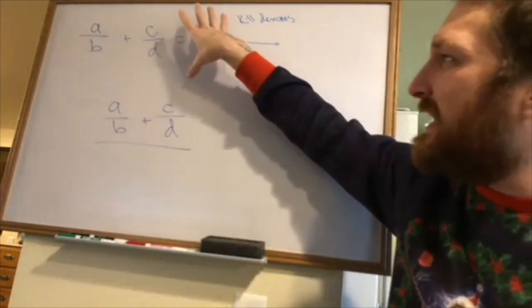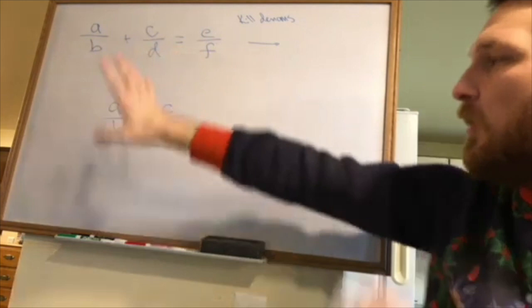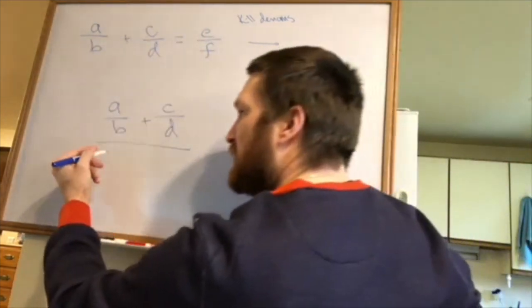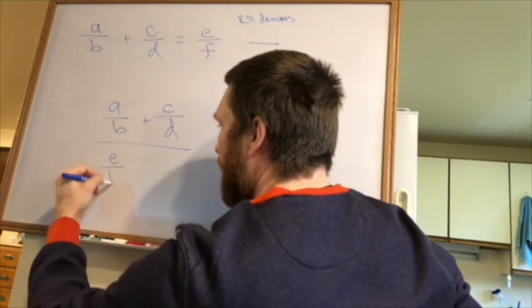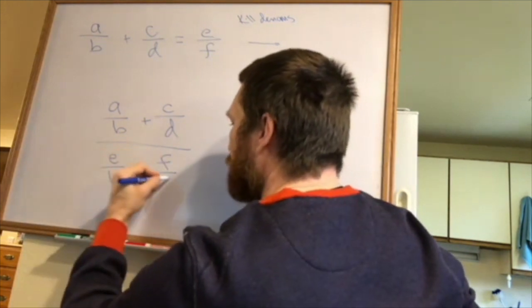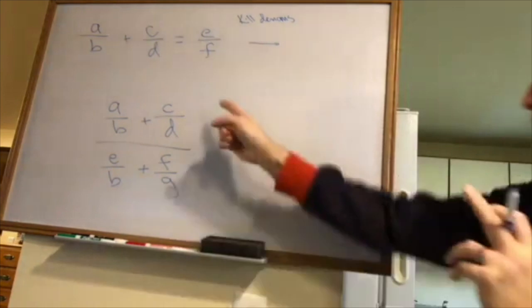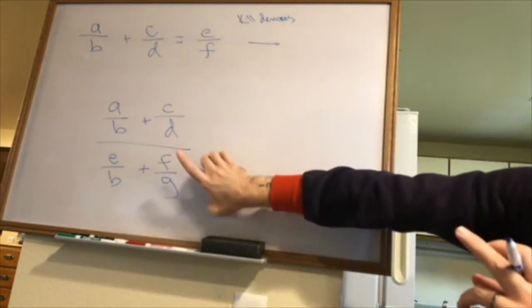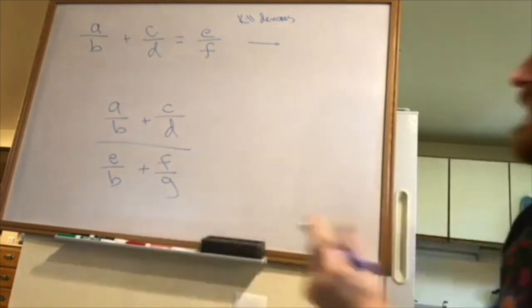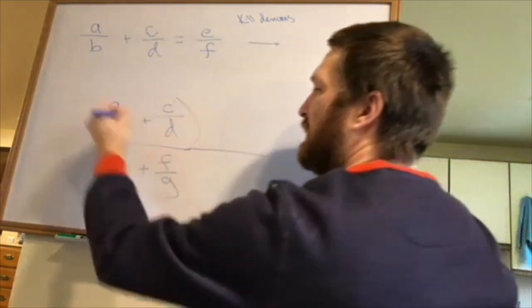And the nice thing about having an equation: before, what we had was A over B plus C over D, and then an E over F. Whatever I did to one side of the divide sign, I had to do to the other side as I was figuring this stuff out.